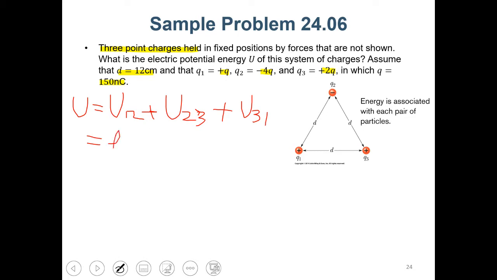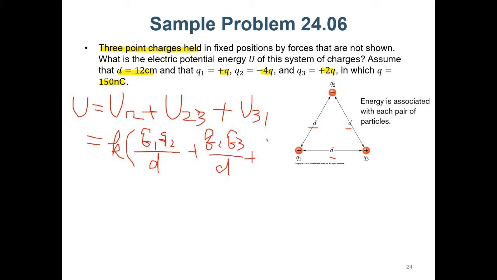Okay, so it's nothing but K times Q1 Q2 over D, where R12, R23, R31 are all D. So we can just write D here, and we have Q2 Q3 over D plus Q3 Q1 over D.